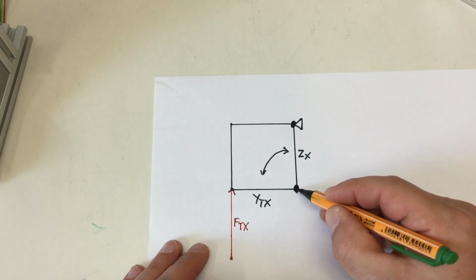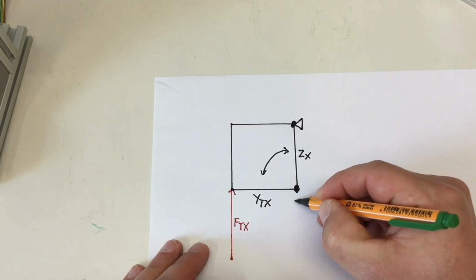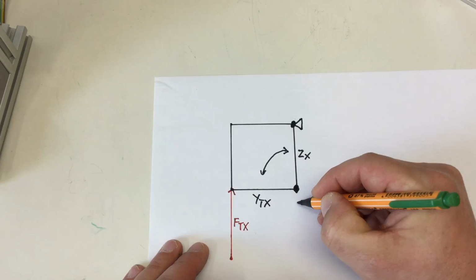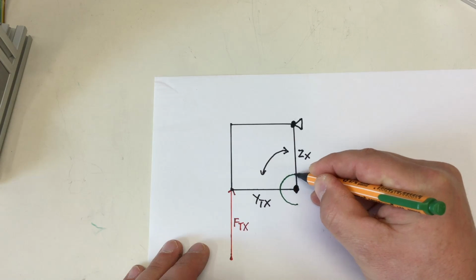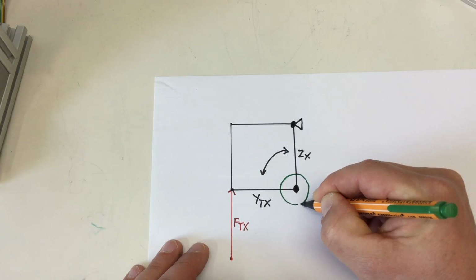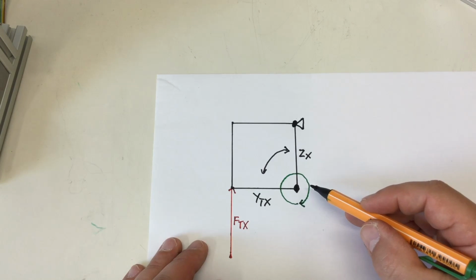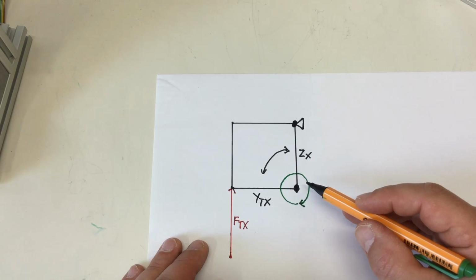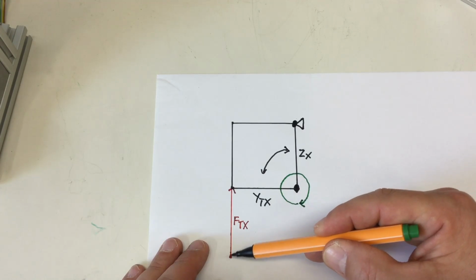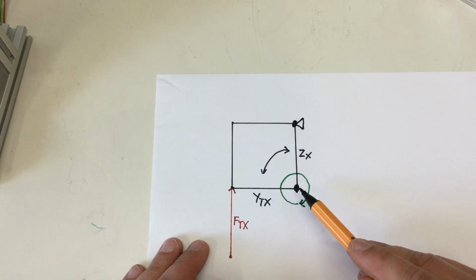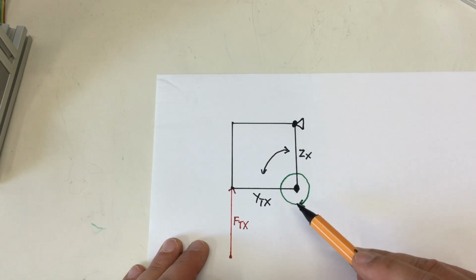Since we are rotating around that bearing, the force Ftx will result in a momentum around that point. And momentums are not really complicated. A momentum is basically the force you have multiplied by the length of the lever you have.